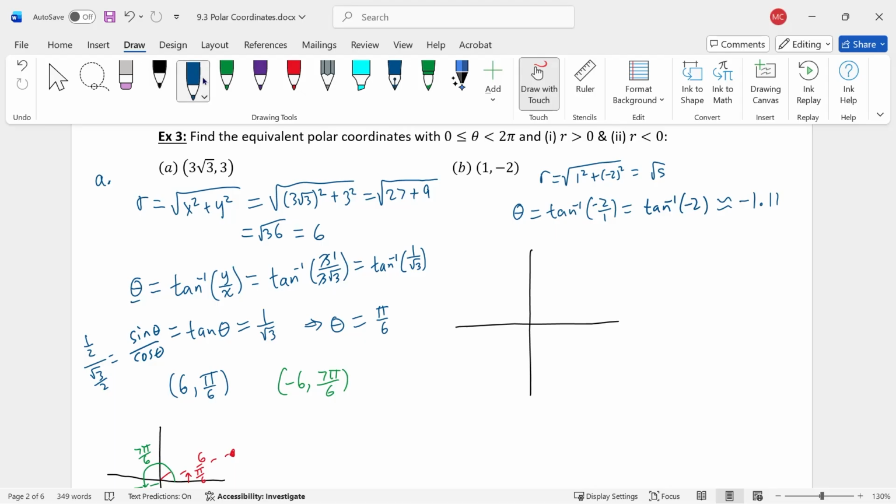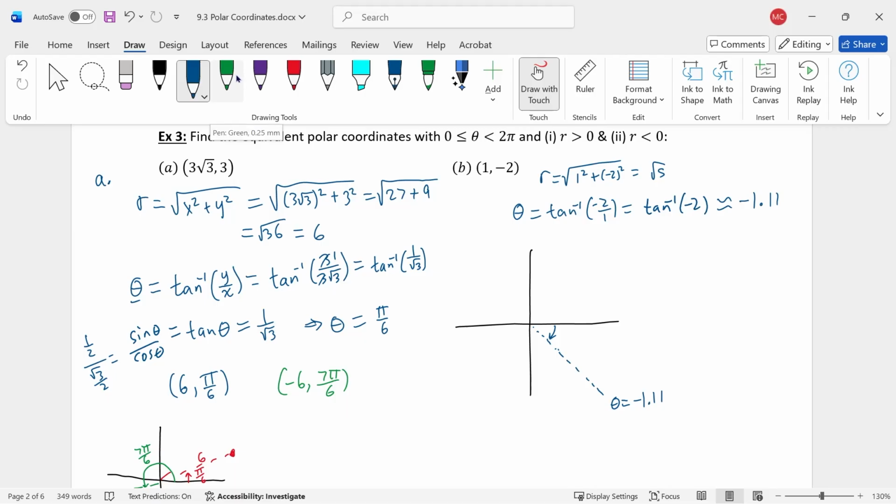So it tells us we're going in the negative direction. And remember, pi, the straight angle, is 3.14. So this is about a third of that in the negative direction. So it's pretty close to a third of pi. It's not exactly, but close enough to draw the angle. So this is theta equals negative 1.11.